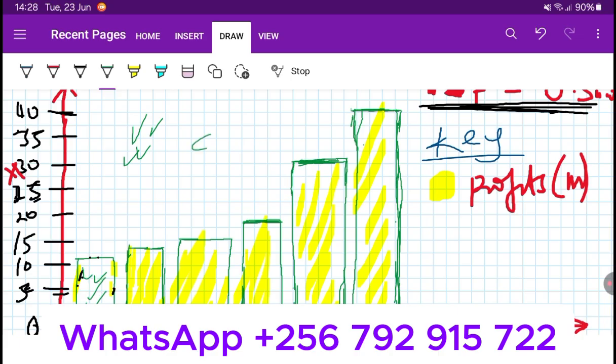Or in the other, you put C. Then in the other, you put maybe X. Then in the other one, you can just cross like this. As long as you can provide a key to what you have done, it's okay.